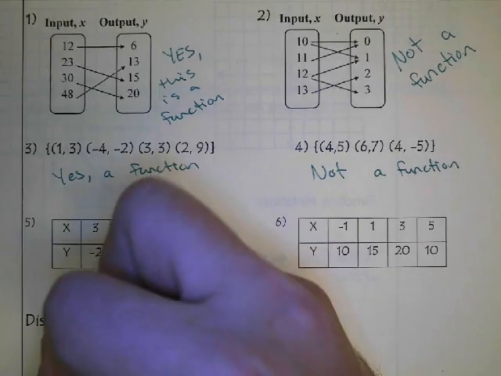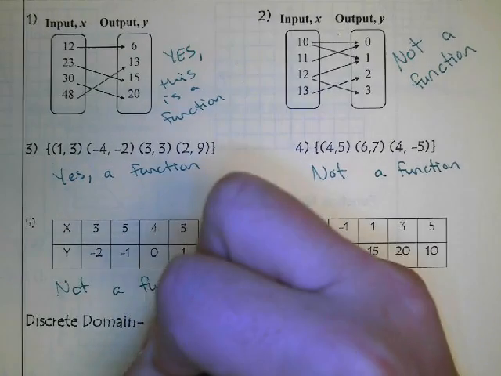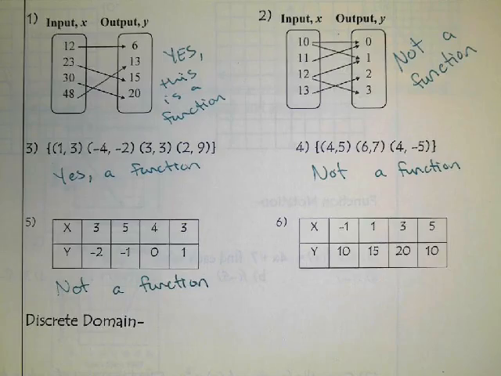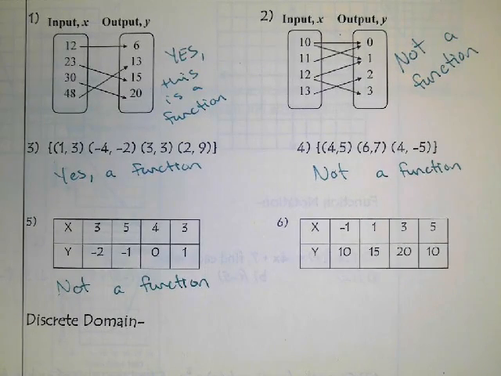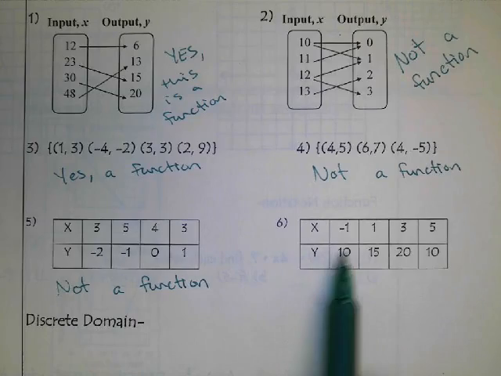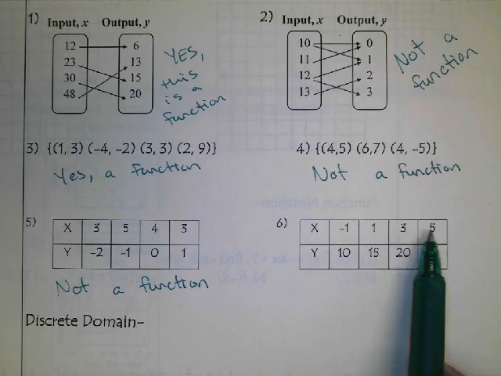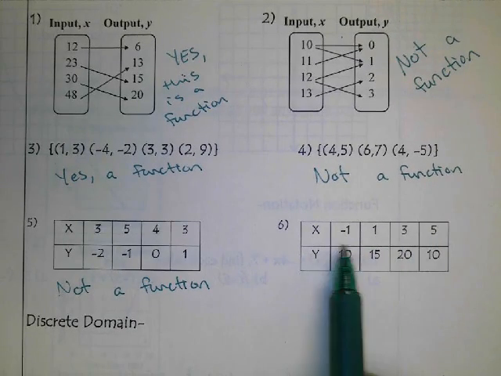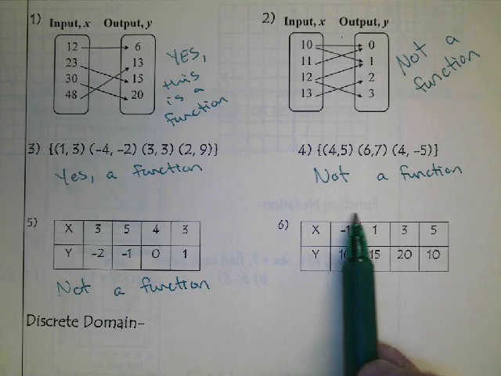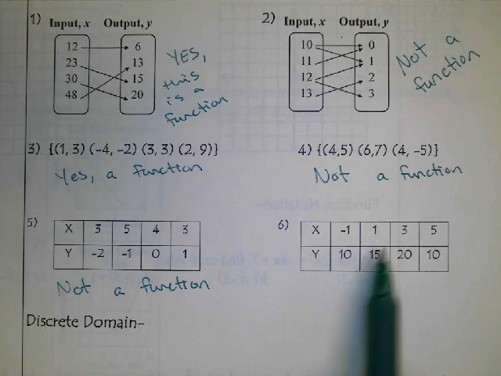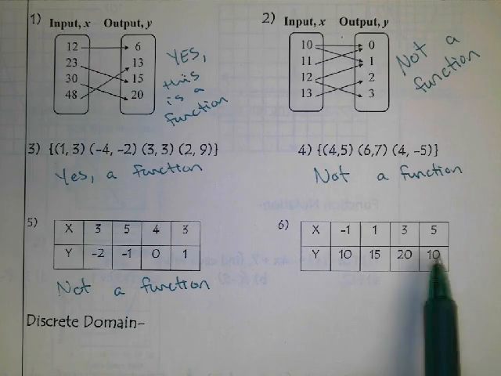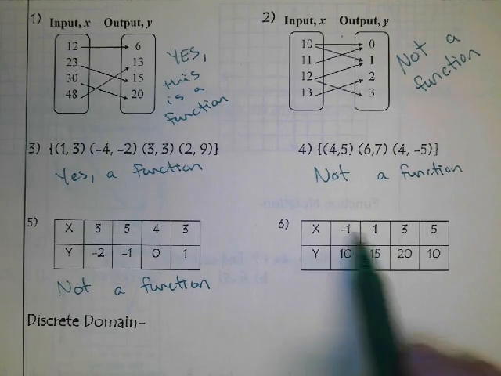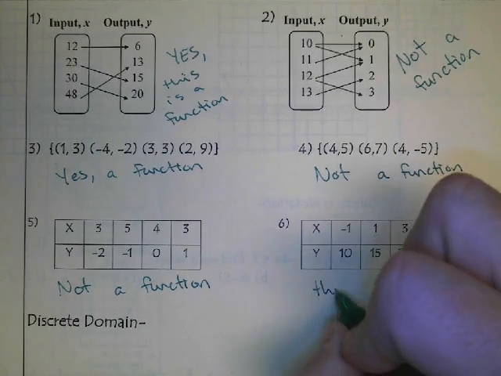Repetition, not a function. Number 6, -1, 1, 3, 5. This is a function. I have no repetition in my x values. Don't care about the repetition in my y values. That's allowed. We're just looking for repetition in the x values, so this is a function.